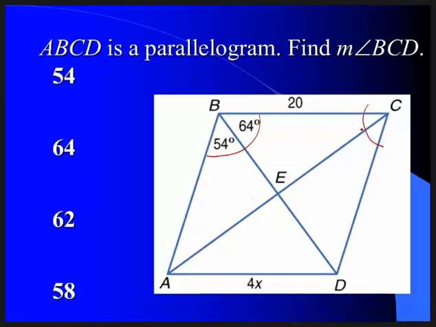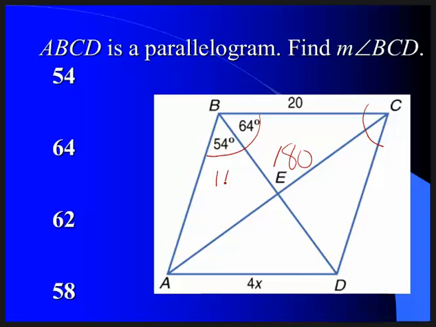So I've got to ask myself, what's the relationship here? Well, if I look at the whole big angles, like whole big angle B and big angle C, these are consecutive, which we learned have to be supplementary. They got to add up to 180. Well, I've got part of it right here. What part do I have?